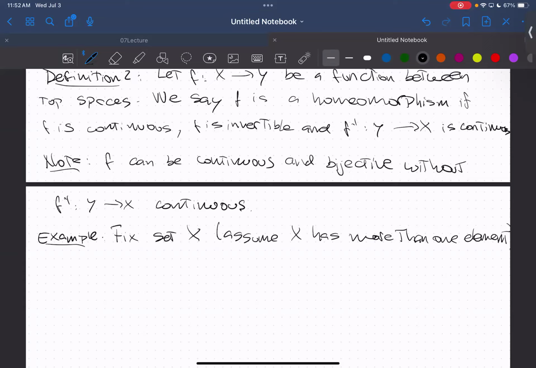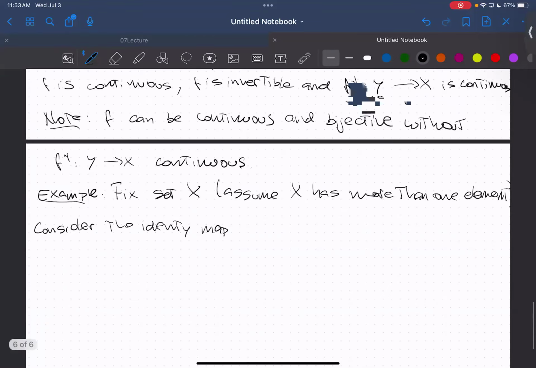So now I consider the identity function, but I will change the topologies. So I will take the identity of X going out of X, and I want this to be continuous.